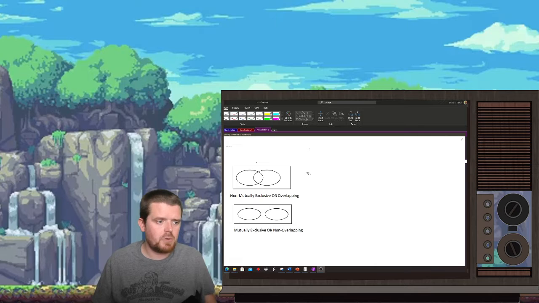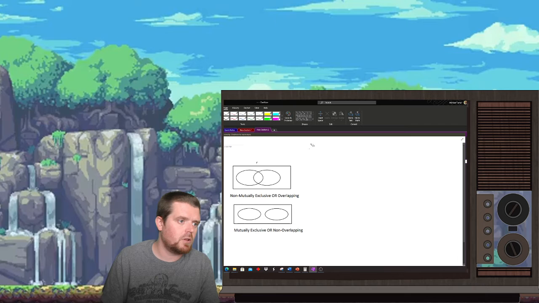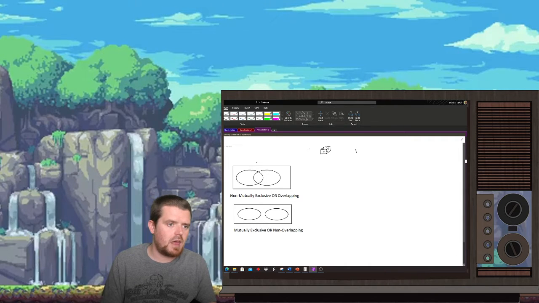So the example here would be, let's say we're looking at a standard gaming die. A standard gaming die would be numbered 1 through 6. Let's call A the event of rolling an even number, and we'll say B is the probability of rolling a 2, for instance.